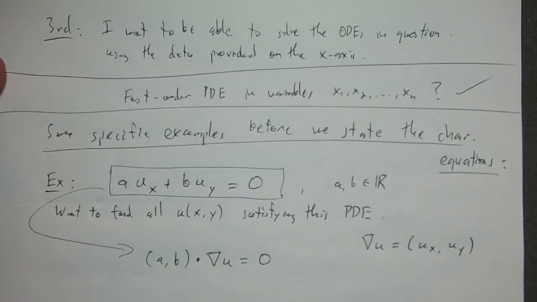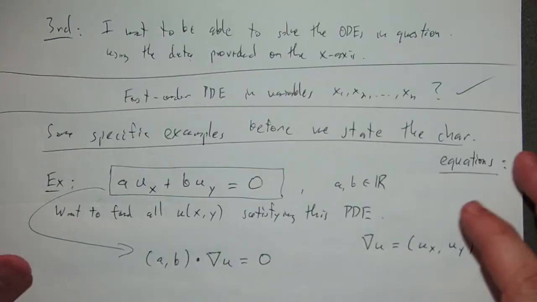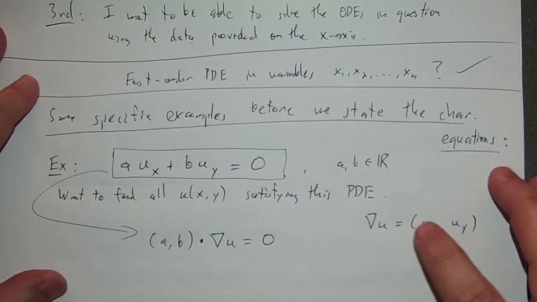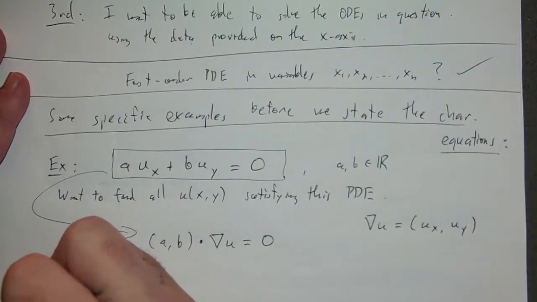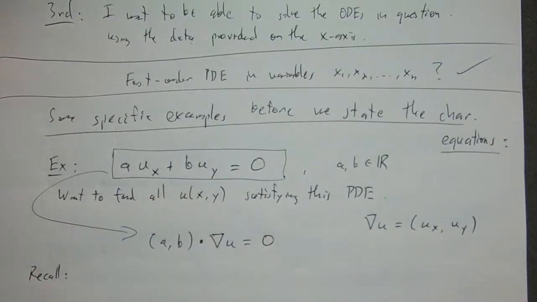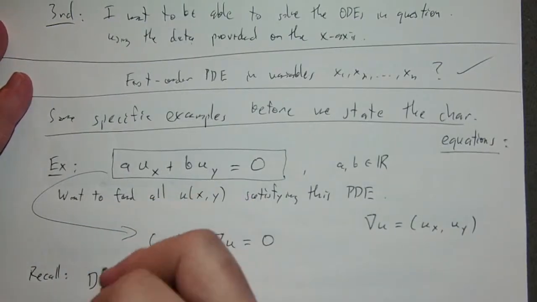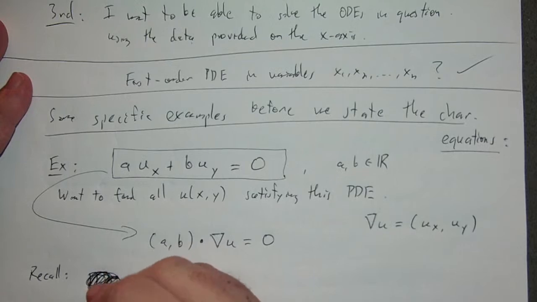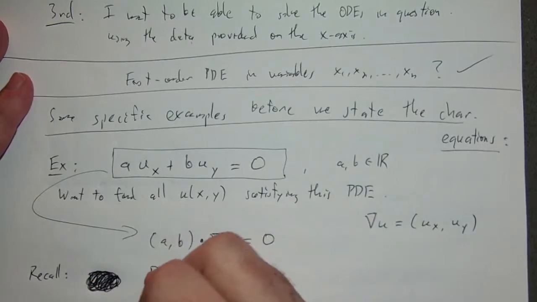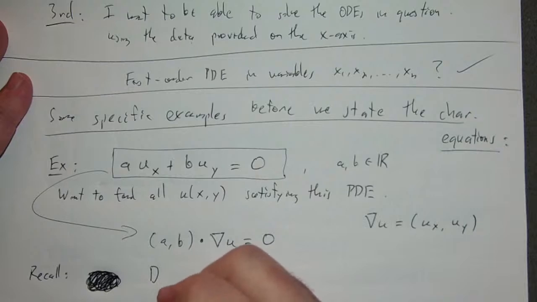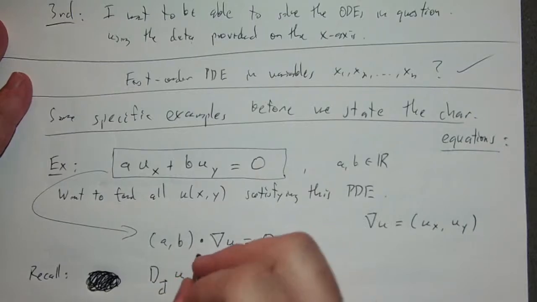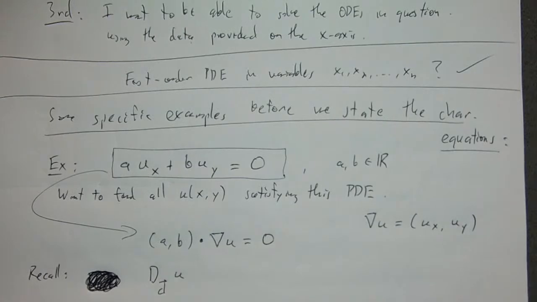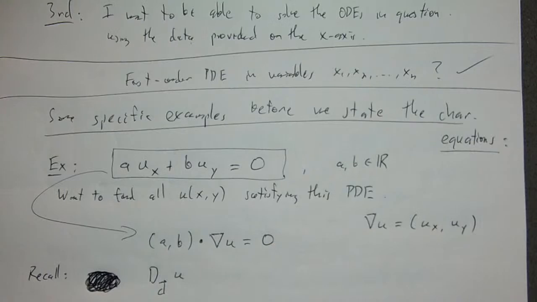Now, recalling my directional derivative, I'm going to stick to the notation that's used here. It might vary with the notation you use. Recall that the directional derivative of u, let's not use vector notation on u, that doesn't make any sense, is the directional derivative in the direction of d of the function u. What is this defined to be?